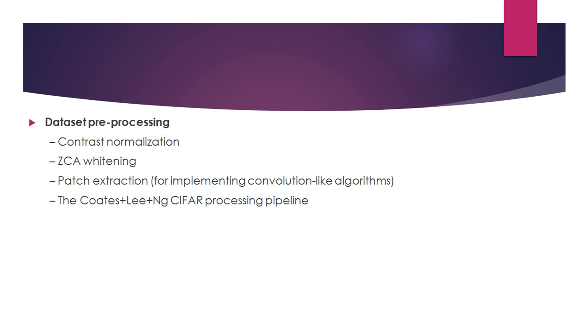Then patch extraction: if there are images, various patches are defined, for implementing algorithms like convolutional neural networks, two layer, three layer, multi-layer neural networks. So these are some data set pre-processing techniques in pylearn2.